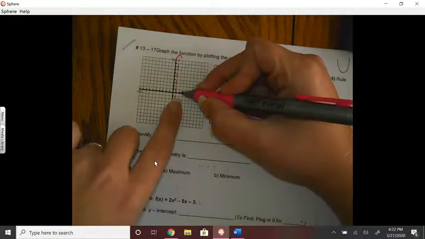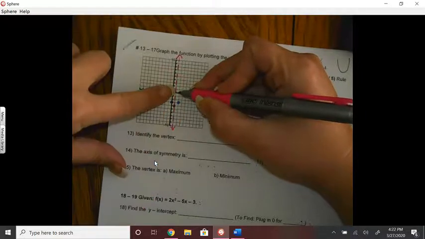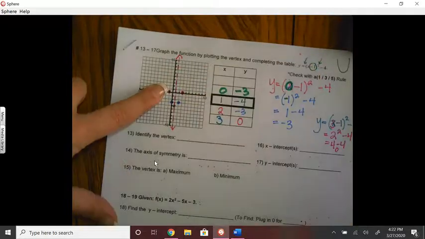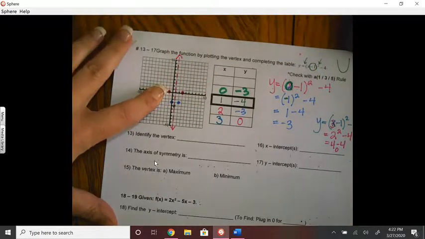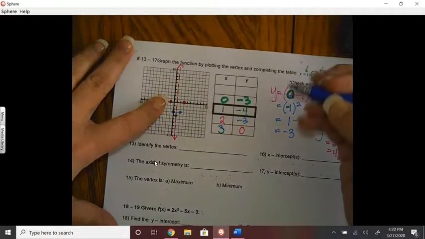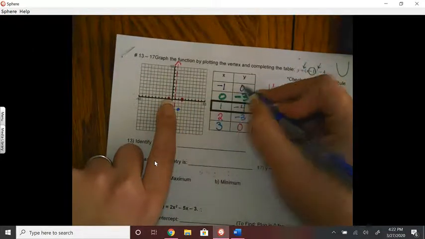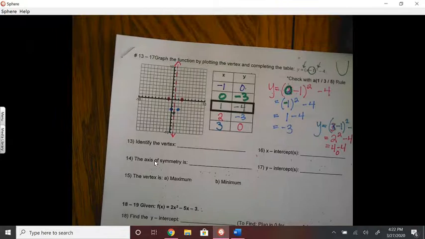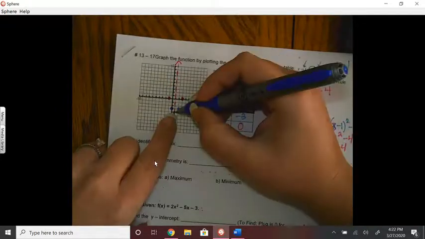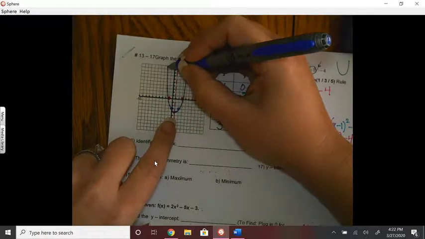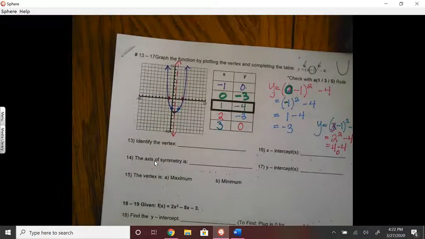Since this is 2 away from the line, I'm going to have another point 2 away on the other side. If I don't know what it looks like, I add more points. This point right here is at -1, 0. These should match if you're structuring your table like I am. Then when we connect them, it should make a U-shaped graph like that.